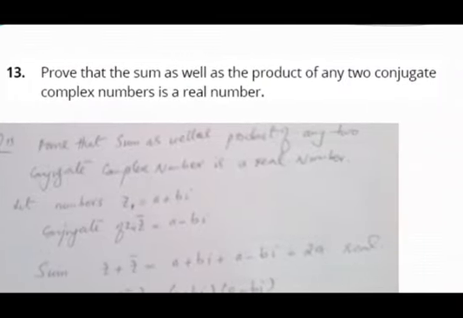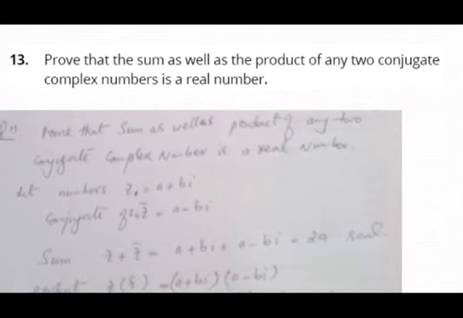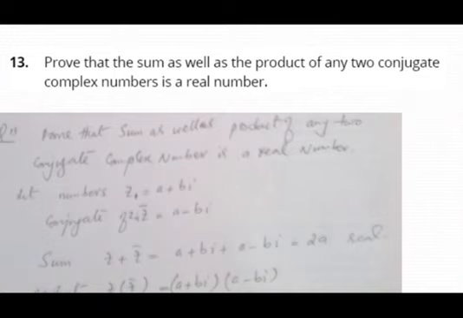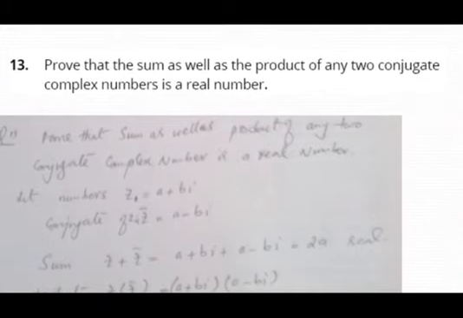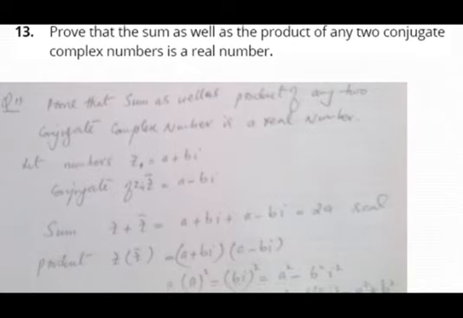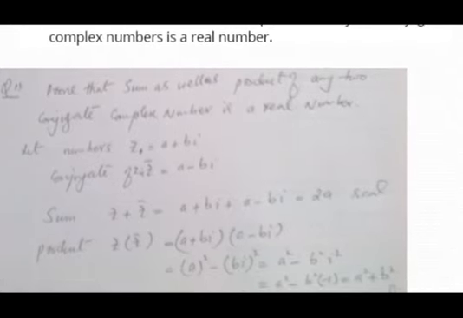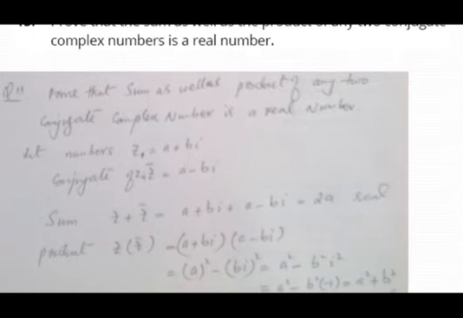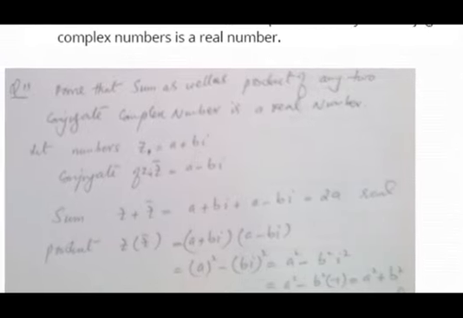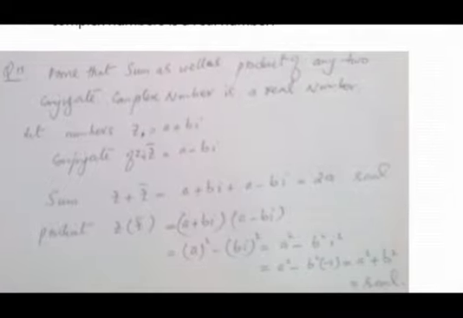Next statement: prove that the sum as well as the product of any two conjugate complex numbers is a real number. Let a complex number be a plus b iota. Its conjugate is denoted by z bar, a minus b iota, and we apply the condition of sum and product.